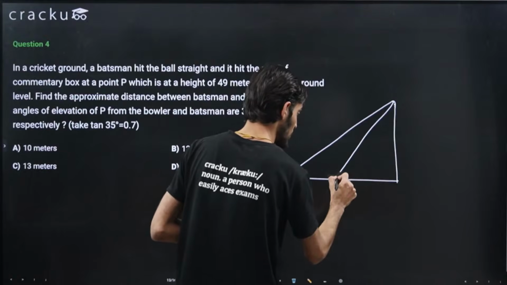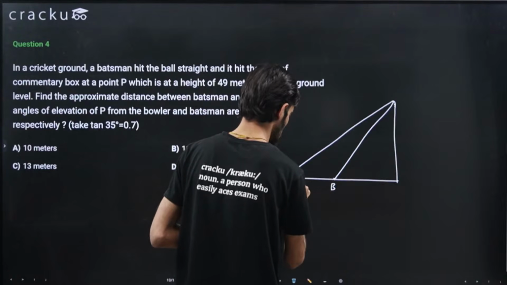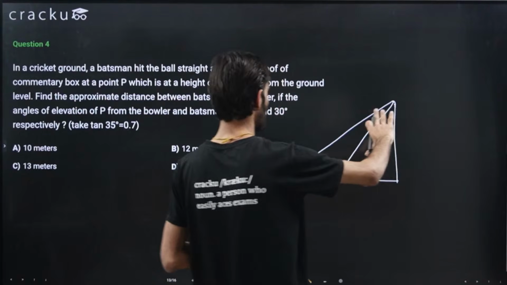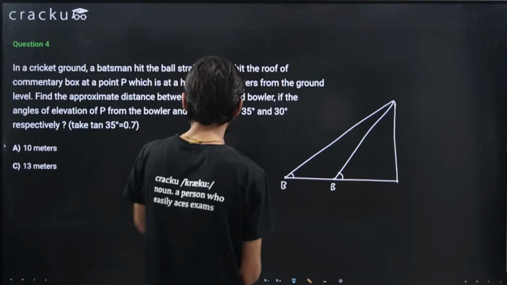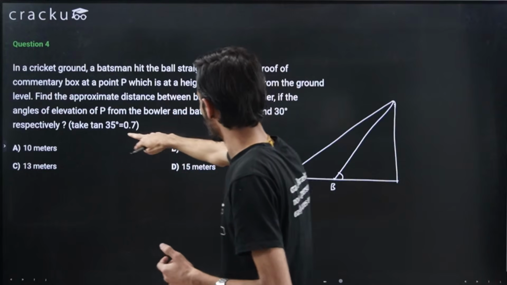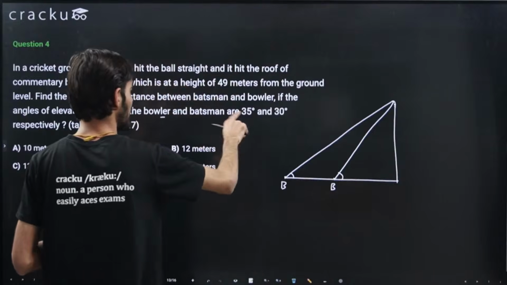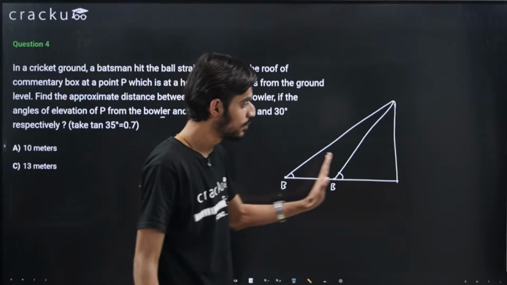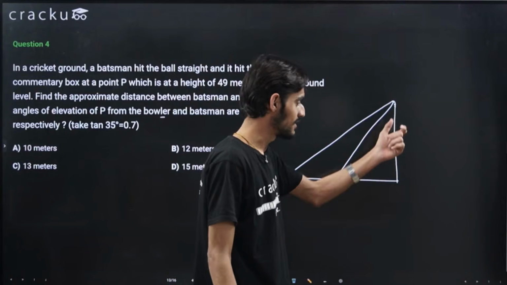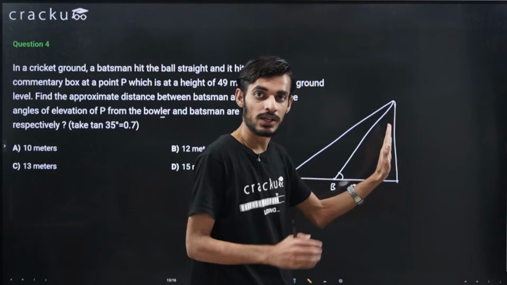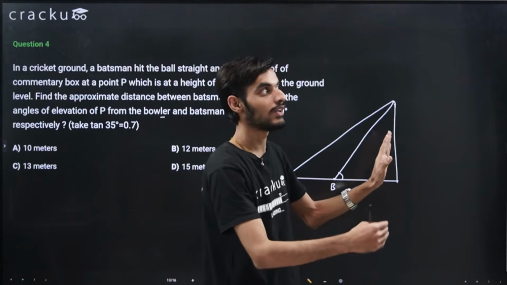So these are the two angle of elevation that are given to us, and this is the height of commentary box. See, again, with the help of the angles, the angle of elevation from the bowler is 35 degrees, and from the batsman it is 30 degrees. Like I told you, the closer you move to this commentary box, the angle of elevation will keep on increasing, because you will have to look like this, right?